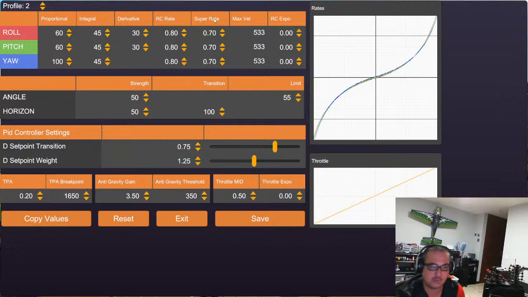Instead of lowering your rates, I actually recommend sticking to the degrees per second, and if you want to soften it up and make it so you can go a little faster, lower your RC rate and raise the super rate to keep it the same, and then you can go a little bit faster. If you have a track where you need to be making a lot of fast movements, maybe you want to raise the RC rate and lower the super rate. Okay.